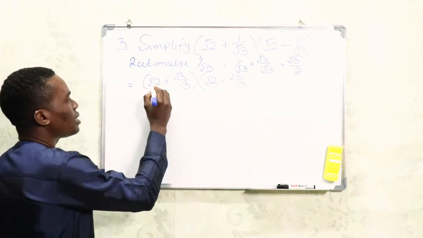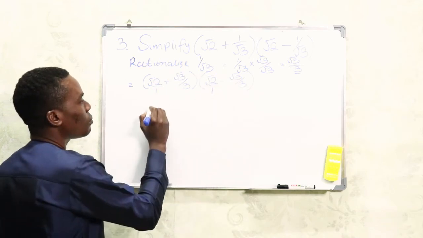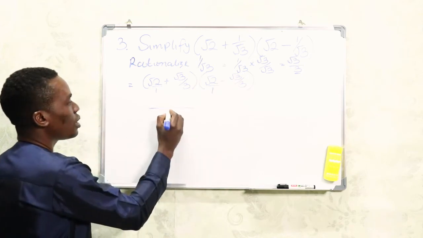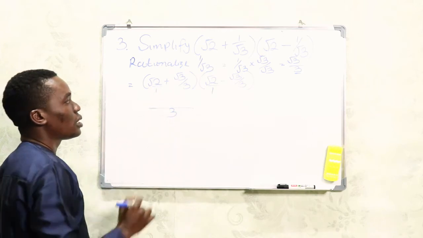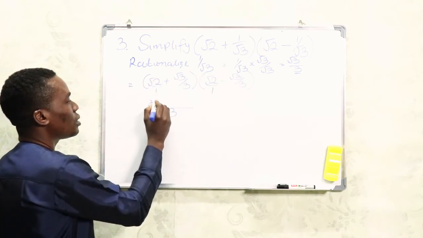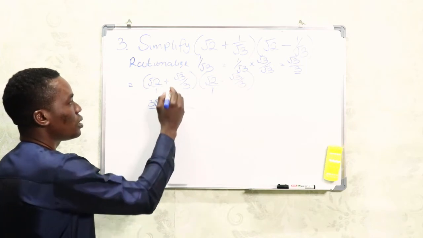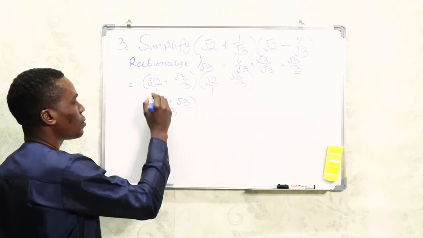Now let's simplify this separately, because this can be divided by 1 and this can be divided by 1. Simplifying separately before we multiply, this will give us 3. 3 divided by 1 will give you what? 3 times this will give you 3 root 2 plus 3 divided by 3 is 1, times root 3, that will give you root 3.